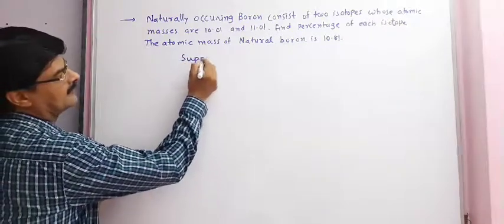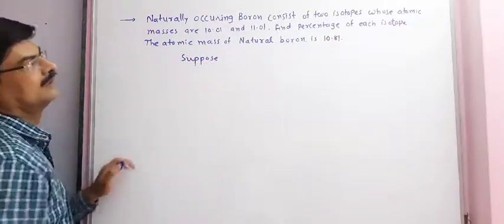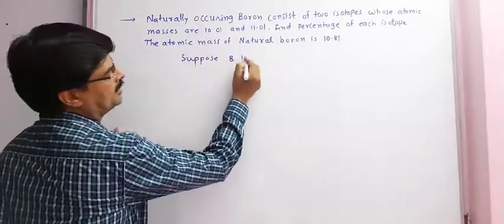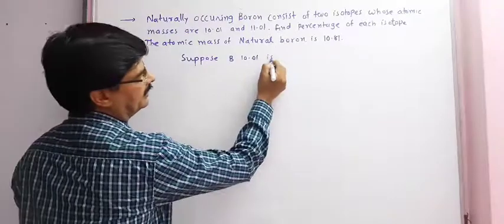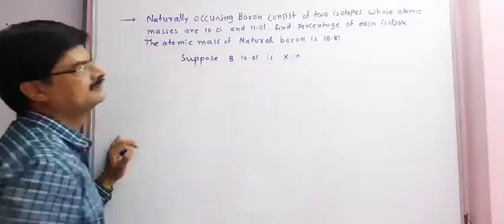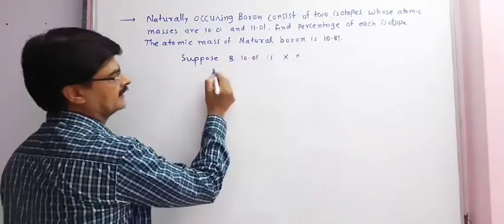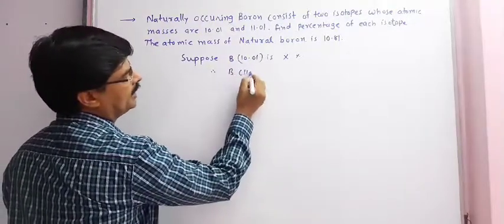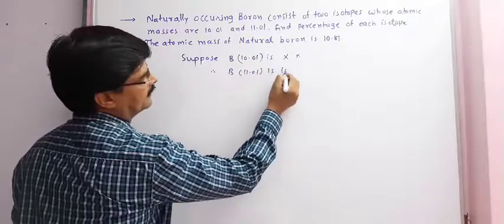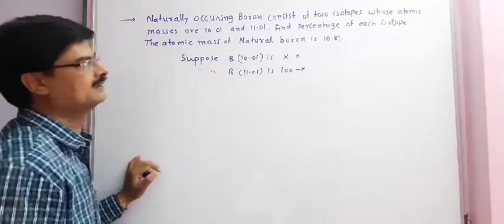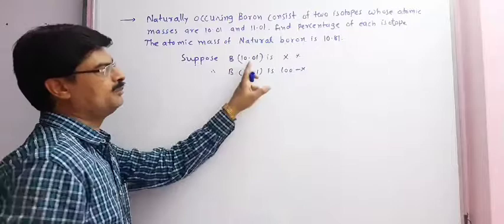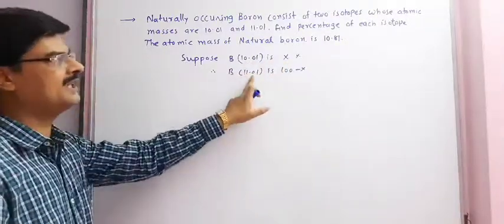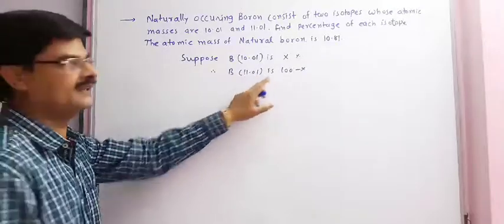First of all, suppose boron which has mass 10.01 is X%, or simply say X. Therefore, boron with 11.01 is 100 minus X.